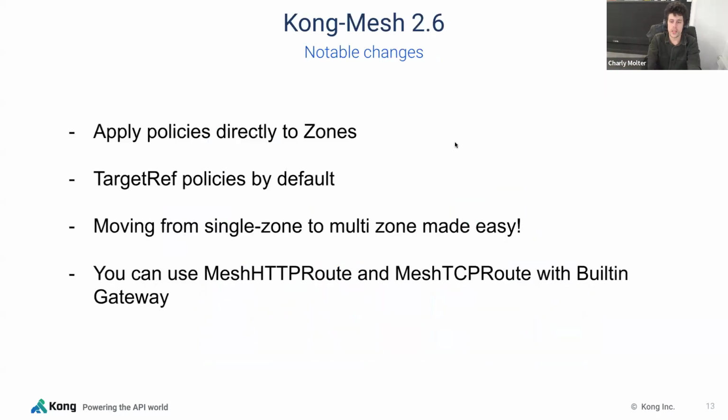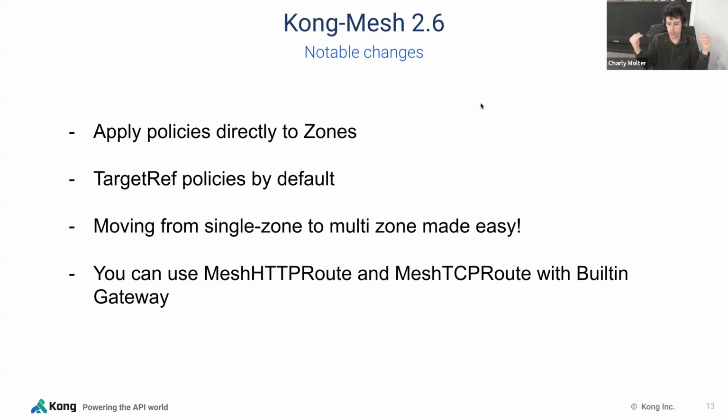Okay, so if you already know Kong Mesh, you might want to know what we've just released. We released version 2.6 last week. And here are the main changes, and the things that I'm actually going to demo just after. So you can apply policies directly to zones.